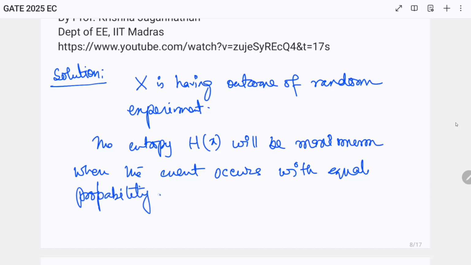This is a very important statement. H of x entropy will be maximum when the events occur with equal probabilities.